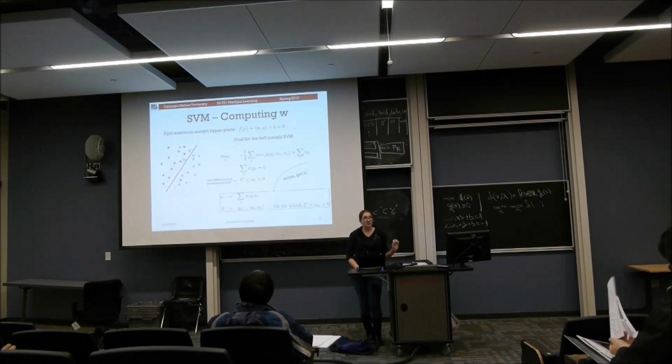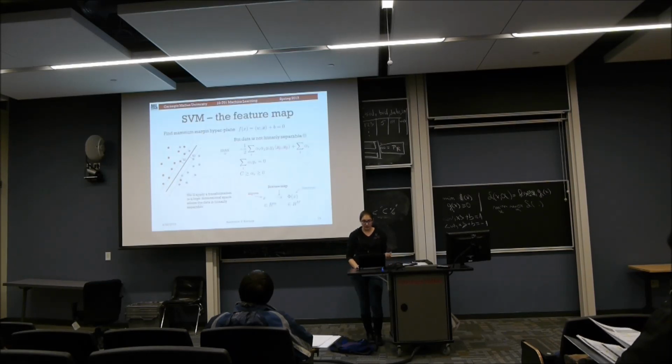So basically, if we were just interested in building a linear classifier, we'd be done now. But the problem is we might want some nonlinear classifier because the data is not necessarily linearly separable. So we'll apply a transformation to a high-dimensional space where the data is linearly separable.